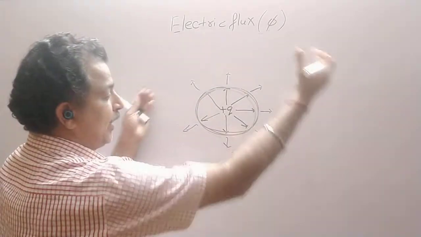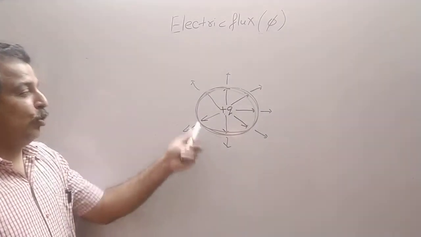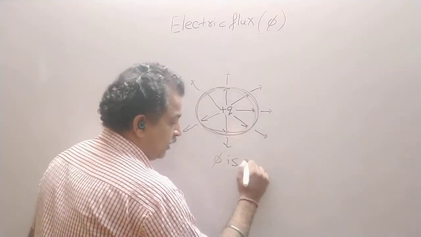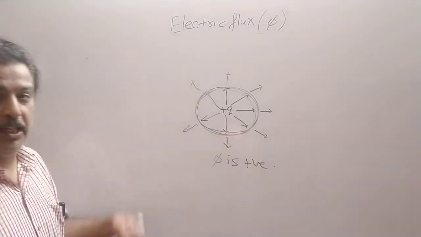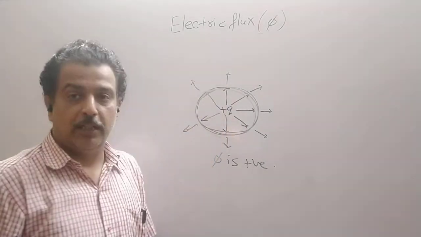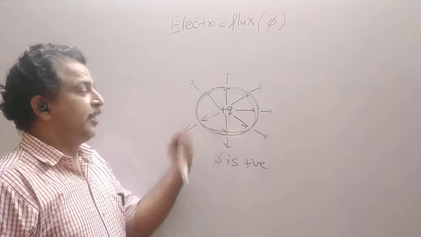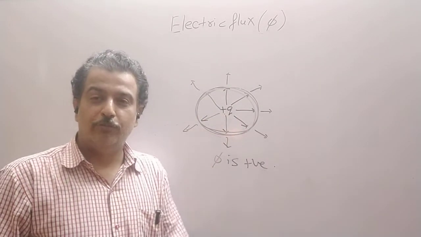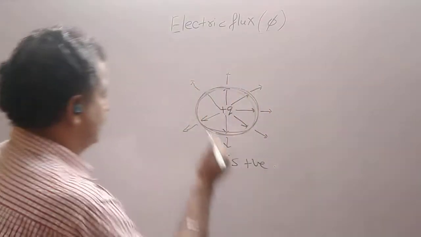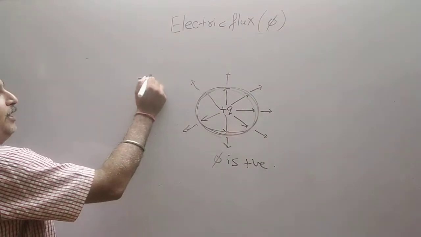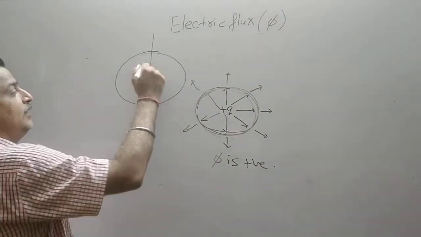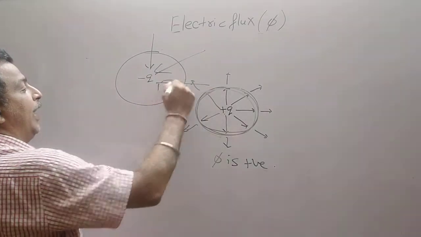So the field lines are emerging from this closed surface. In this situation, the flux is positive. Now we are finding the flux for a closed surface, a three-dimensional figure, not for a plane sheet or a plane surface. Similarly, if a negative charge is enclosed in the sphere, all the field lines will enter it.